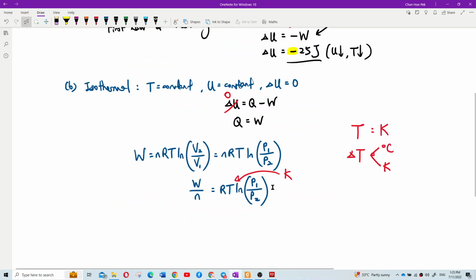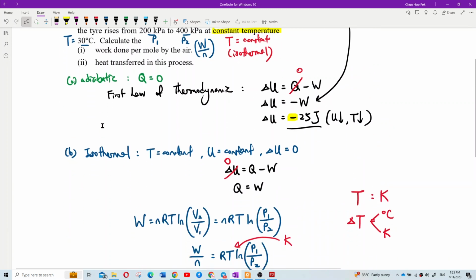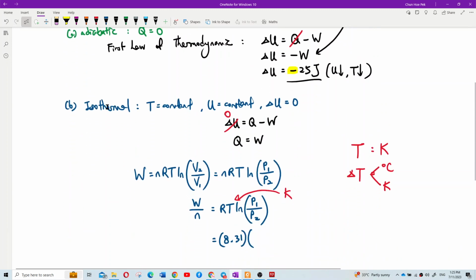So let's write it down. 8.31, temperature 30, must change, plus 273. 30 degrees Celsius plus 273 must change to Kelvin.